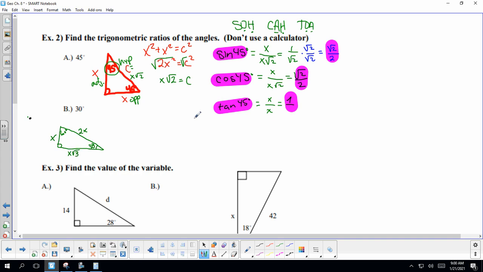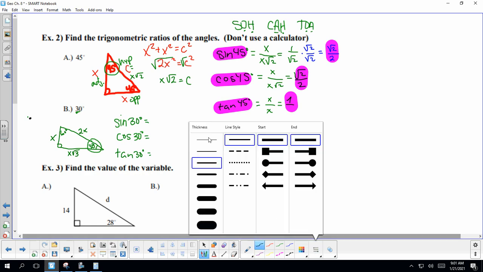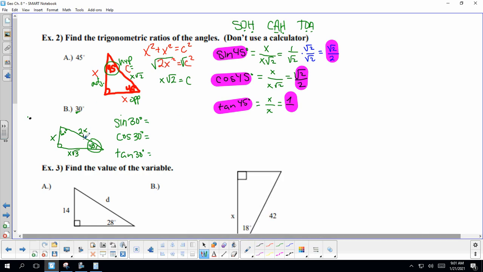So we're going to put together sine of 30, cosine of 30, and tan of 30. Put these little ratios together for you. The first thing we have to do is identify the hypotenuse, which is the long side. It's right here. The opposite side is our short side, and the adjacent side is our long side.